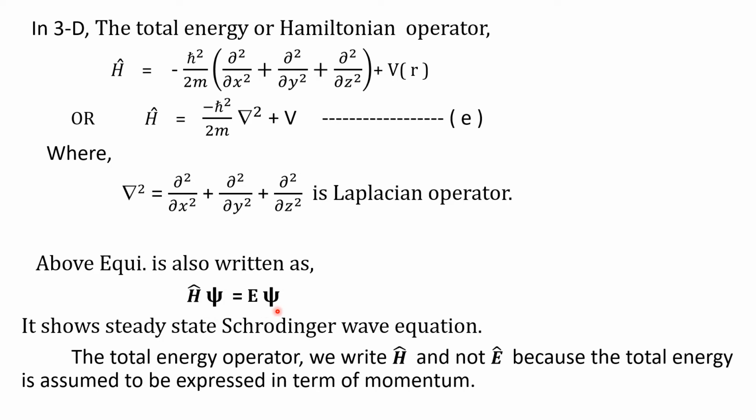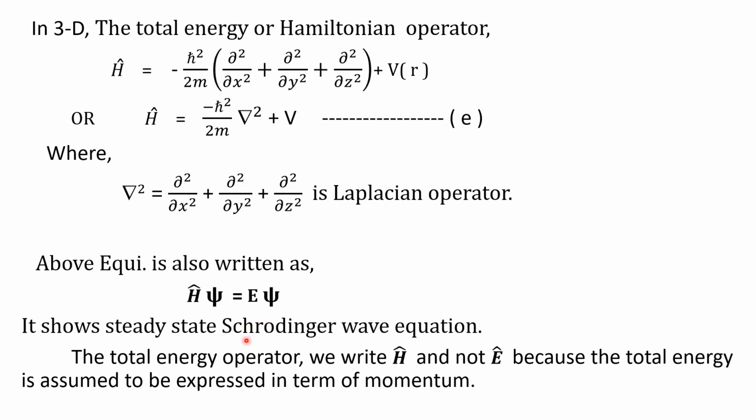H psi is equal to E psi. Since on one side of the equation, H is minus h cross square by 2m del square by del x square plus del square by del y square plus del square by del z square plus V of r. Outside the total bracket we write psi equal to E psi.